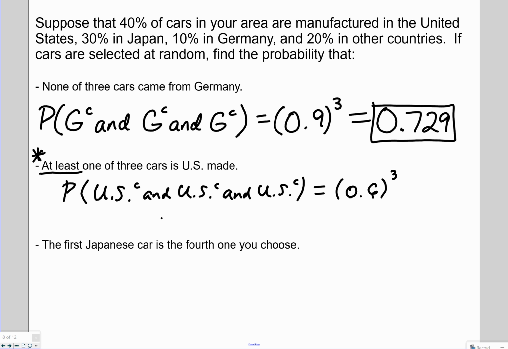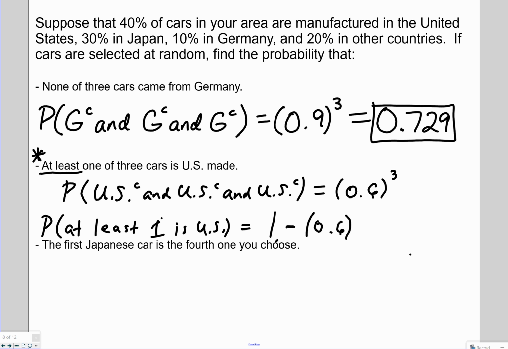So I'm going to find the probability of at least 1 US is equal to 1 minus 0.6 cubed. Okay, what's 0.6 cubed? 0.216. What's 1 minus that?